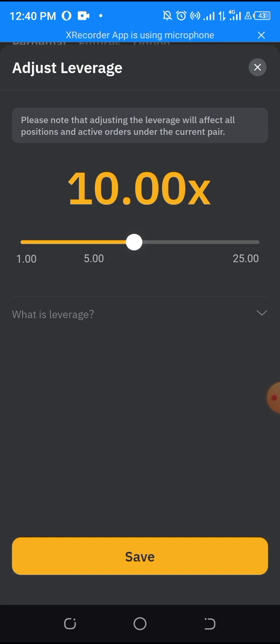Say I buy each iPhone at 100,000 naira and my target is 120,000 naira. Using 10x means they multiply your 100,000 naira by 10. That is, you're borrowing 9 additional iPhones.